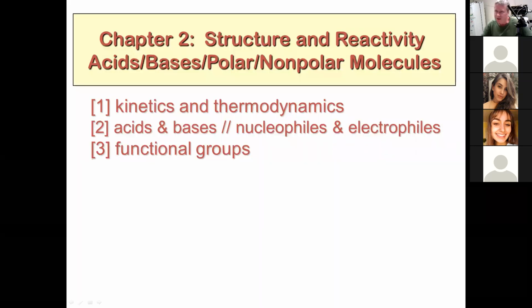All right, so we're getting more into structure and reactivity of molecules. A little bit of theory, kinetics and thermodynamics, which are kind of gen chem-ish. Then we're getting into acids and bases, nucleophiles and electrophiles. This is more organic-y and more testable or quizzable. And then functional groups, that's a huge organic topic. That'll be fun.